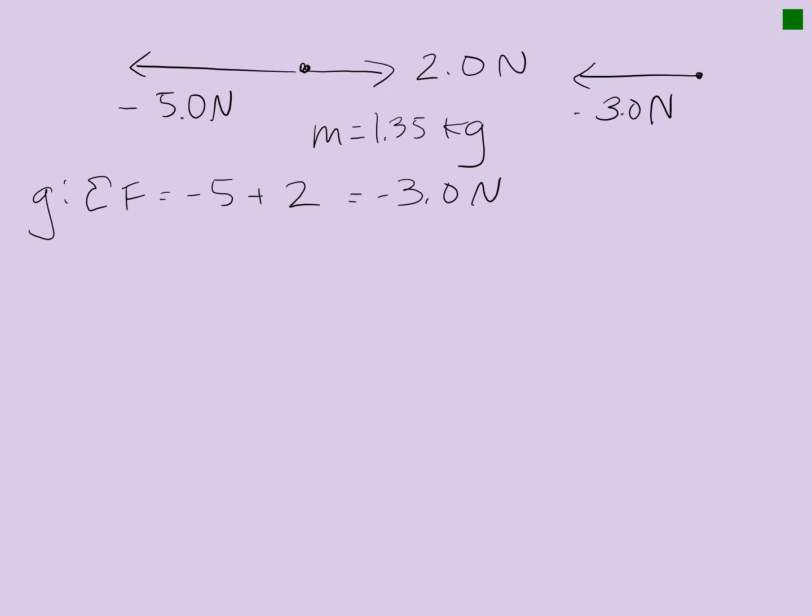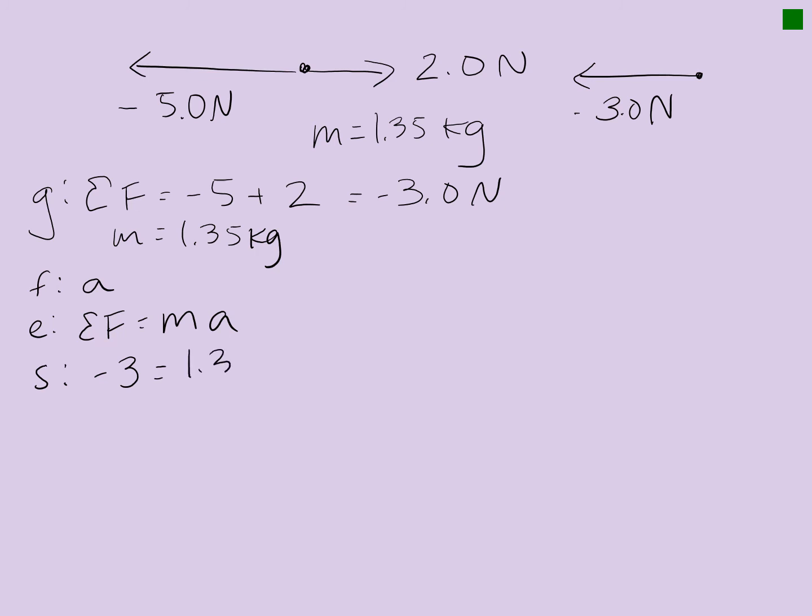We calculated that. I also have my mass equals 1.35 kilograms. So now what I need to do is come up with my find, which is acceleration, my equation, F equals ma, and going ahead and solving this, -3 equals 1.35 times a.